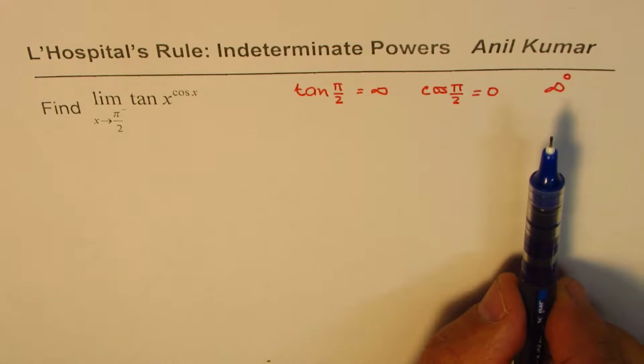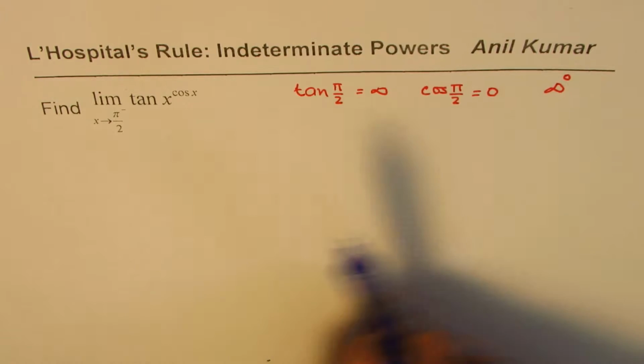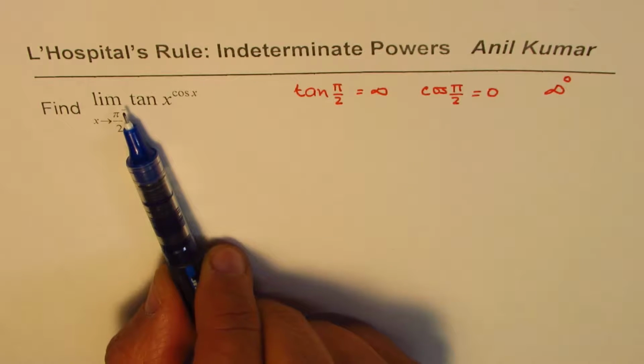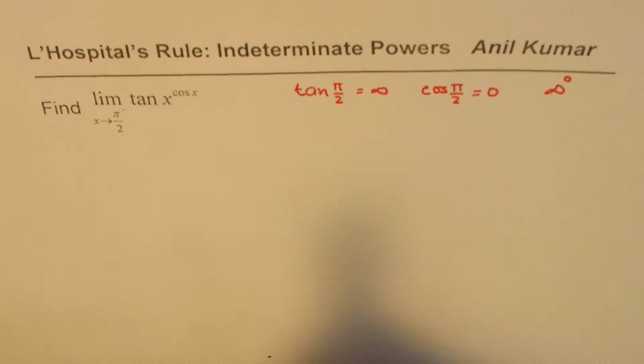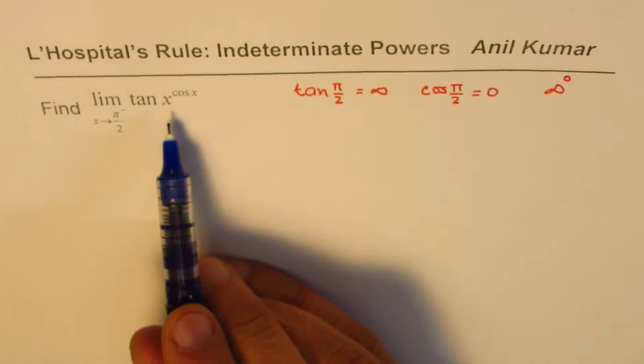Now in such cases, the idea is to always write the function as an exponential function, e to the power of something, or we can use natural log. So these are the two strategies which can be followed at this time.